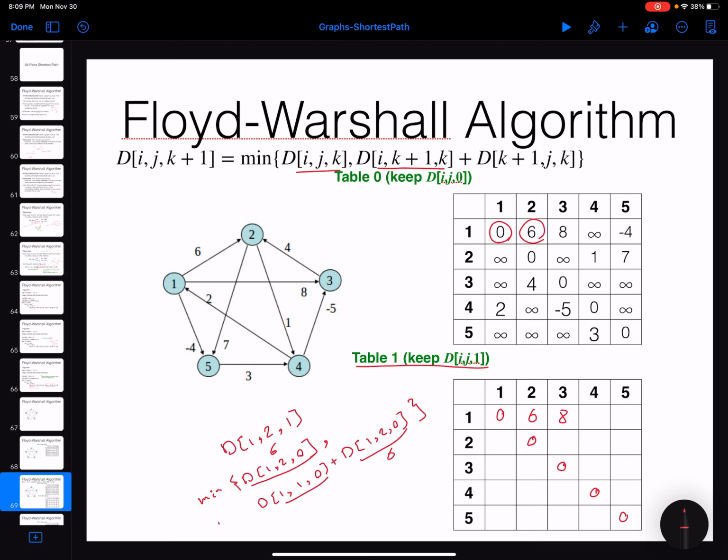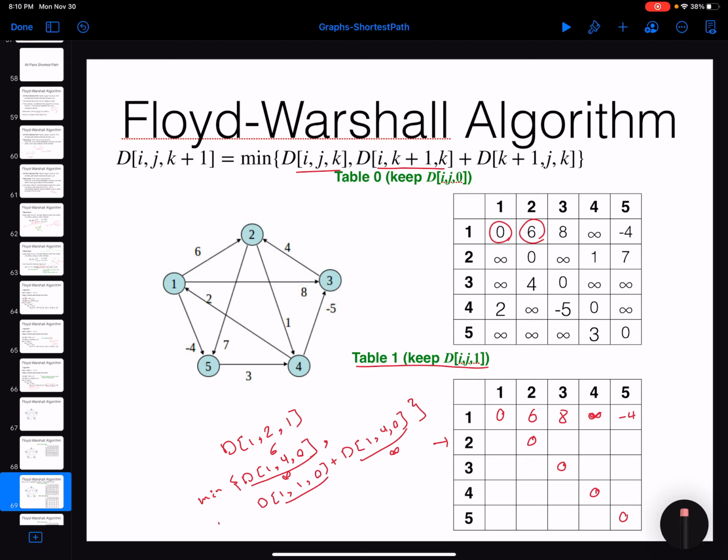For 4 this is going to be again infinite, because this is infinite and this is infinite, and that's why it actually keeps it as infinite. And for 5 this is going to be -4. Very similar to the first one, but this one might be a little bit different.